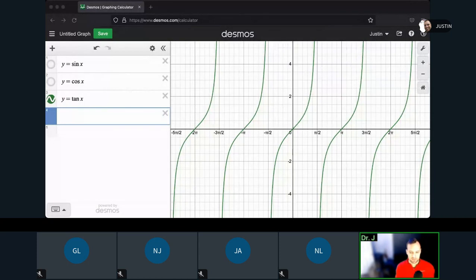Now, what's a characteristic about this graph that is not present in sine or cosine? So it's vertical, right? Noah says there are spaces between. What are those spaces called?